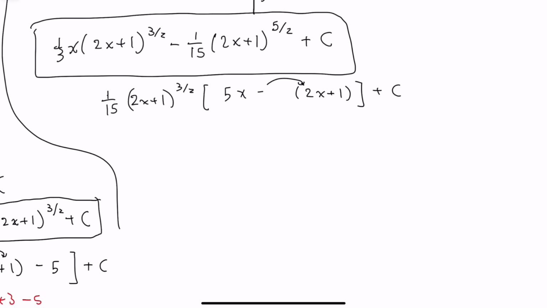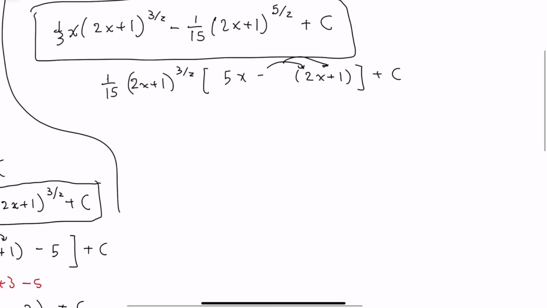So that distributes, and we get 1 over 15 times 2x plus 1 to the 3 halves times 5x minus 2x minus 1. Okay, now of course that's 3x minus 1.